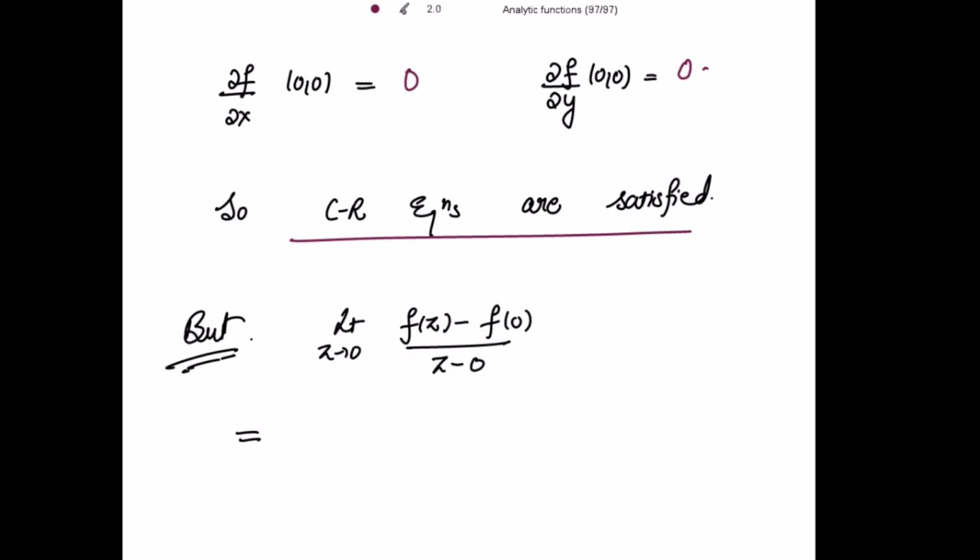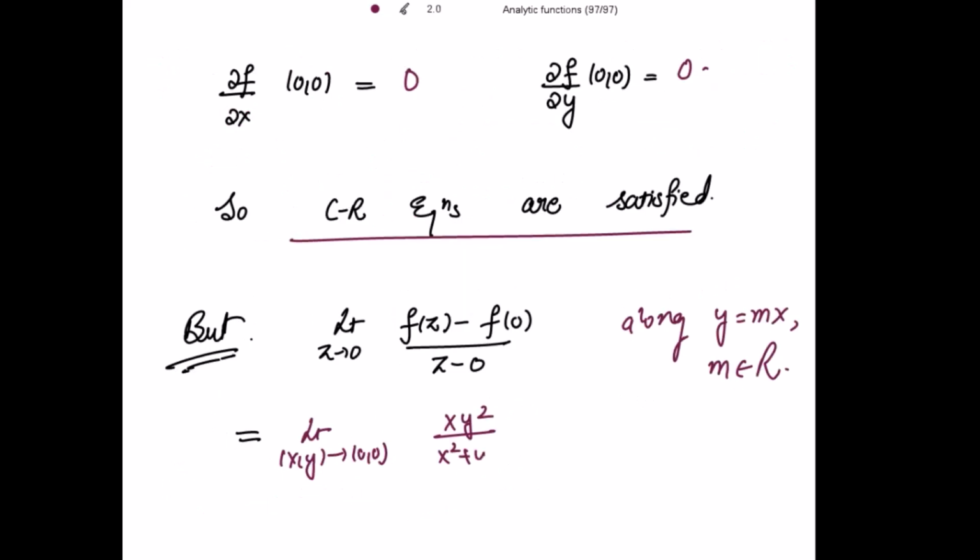But on the other hand, if I take the derivative of f(z) at z equal to 0 along the line y equal to mx, let's say, where m belongs to the set of real numbers. Here I am writing the limit as (x, y) tends to (0, 0) of the function xy squared divided by x squared plus y squared, minus f(0), which is 0, all divided by z, where z is x plus iy.